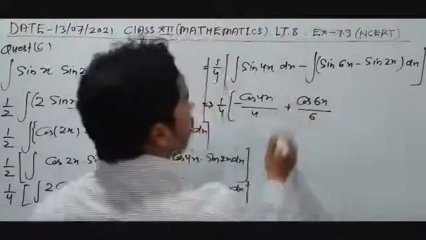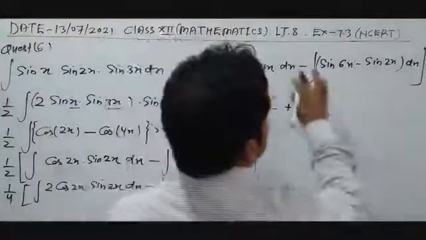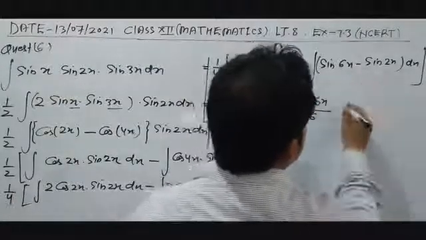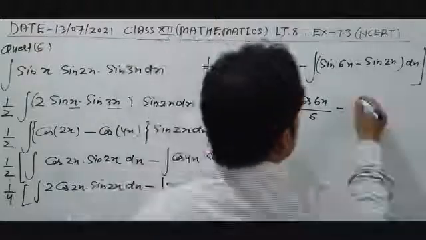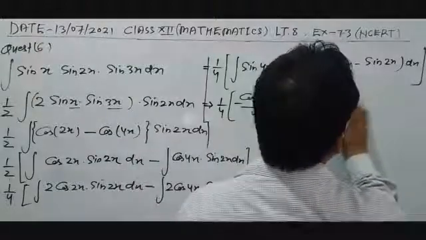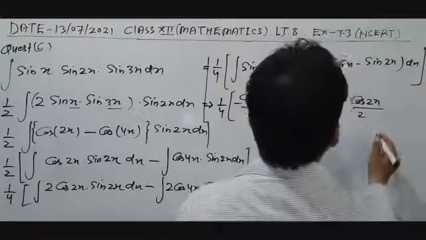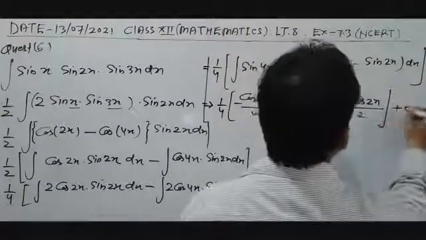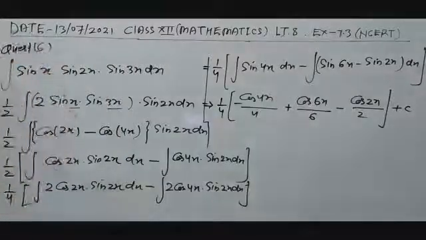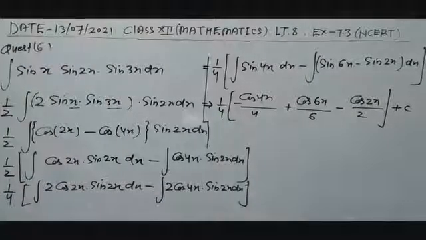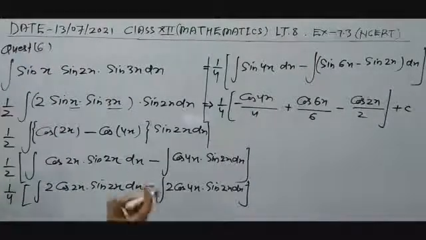So this will be positive and this will be positive, and integration will give the negative. So integration of sin 2x, result will be cos 2x by 2. Now plus c. So this will be the answer, or you can multiply here.